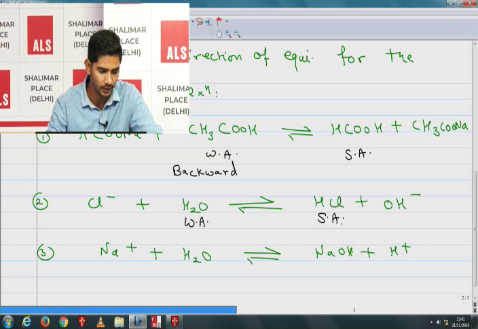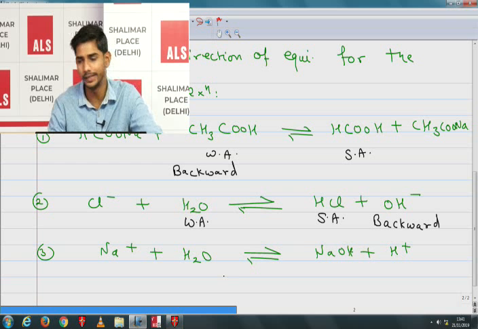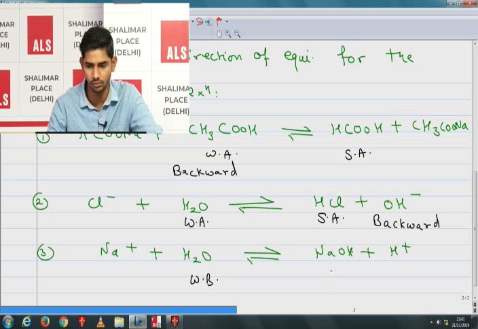So again, the direction would become backward. In the last part, they are given bases. So I'll choose the bases. This is your weak base. This is your strong base. So here also the direction would be backward.